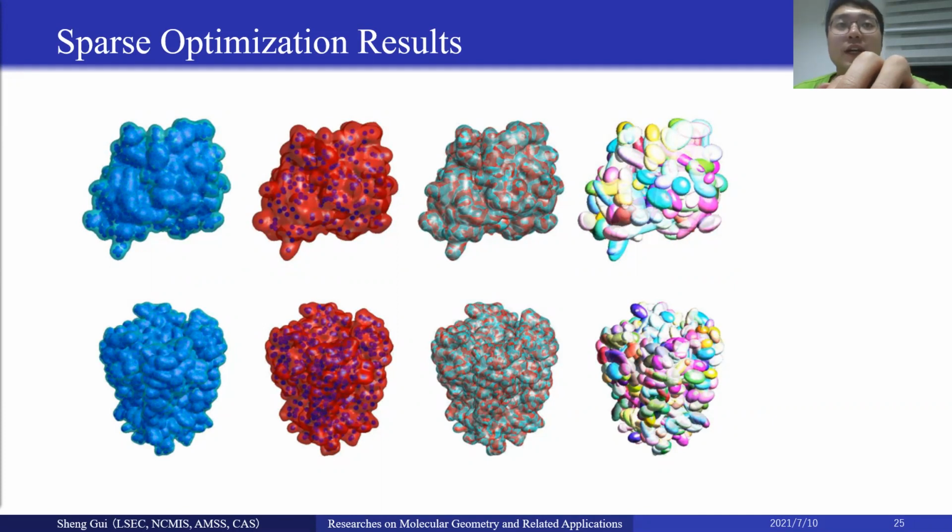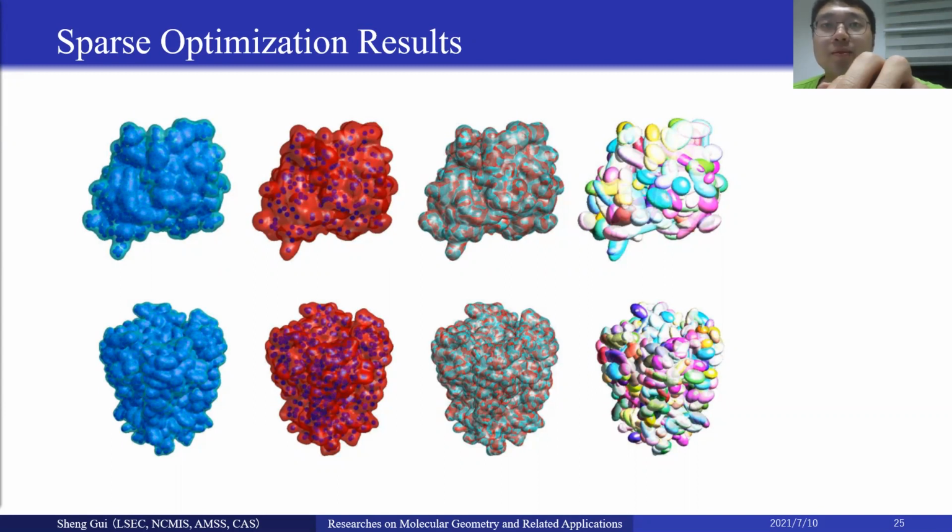It indicates that our method needs a small number of ellipsoid RBF neurons to represent a molecular surface. The third column is the original surface overlapping with the final surface. It shows that the final surface is close to the original surface.